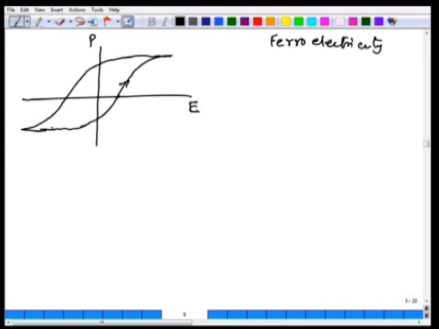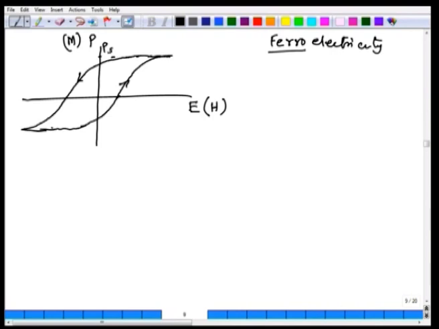So, if you apply electric field, it produces polarization. Remember, you apply magnetic field, it produces magnetization in a ferromagnetic material, and this is a very similar thing, and that is why the name ferroelectricity has been given here, because it is a curve between P and E. There is a hysteresis. As you apply an electric field, you get what is called saturation polarization.